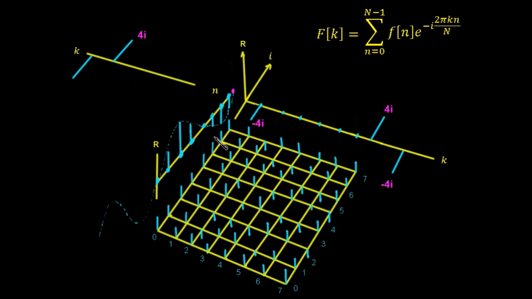So each of these 8 values is going to be modulated by the height of this sine function at those points. So that's this part of the function here. The values f of n are going to modulate the surface, and the surface is given by this part of the equation.